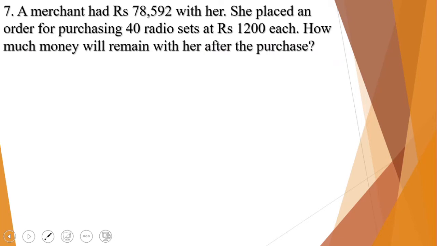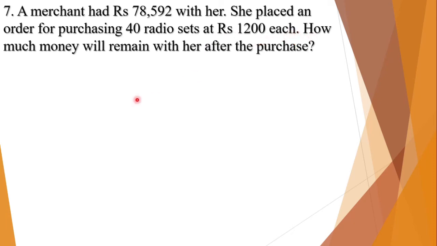Now let's begin with the seventh question. And the seventh question is, a merchant had rupees 78,592 with her. Now there was a merchant and she had 78,592 rupees with her, and she placed an order for purchasing 40 radio sets at rupees 1,200 each.